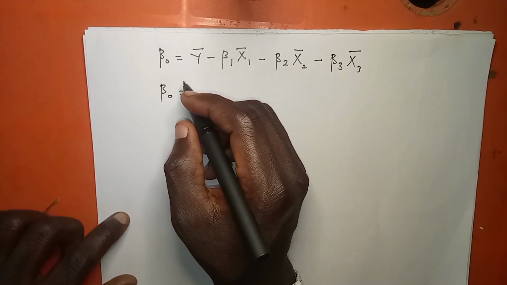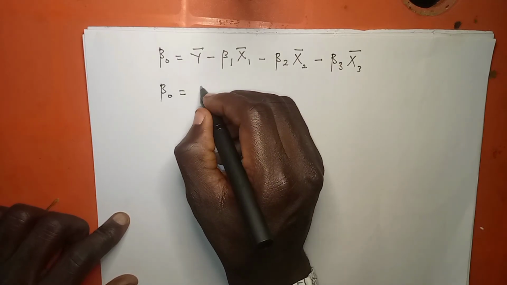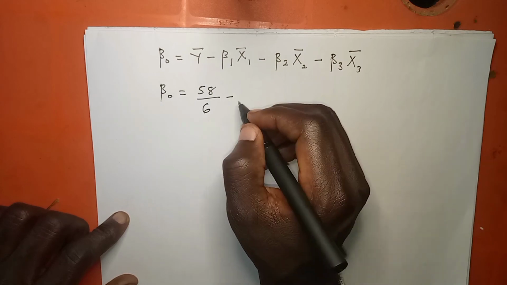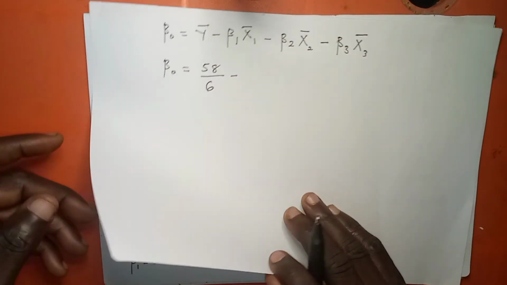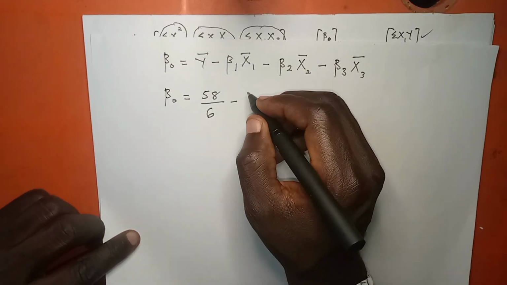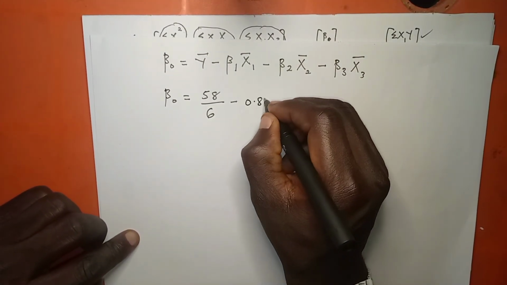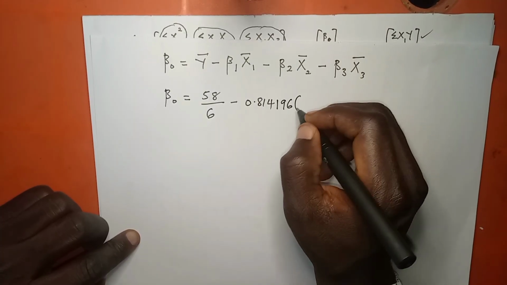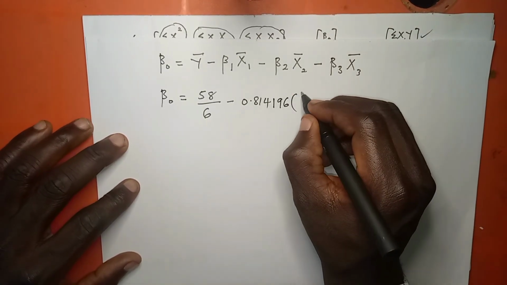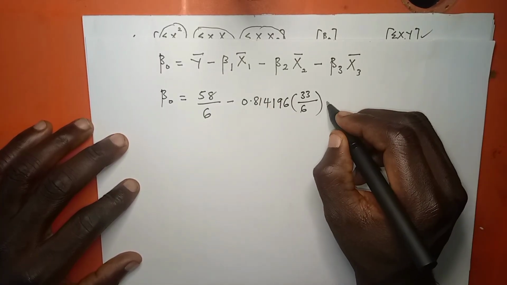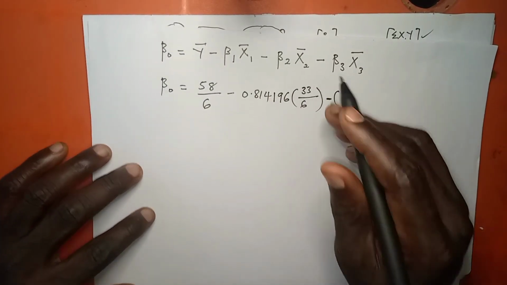So beta naught equals our y bar, which is the summation y divided by n. Remember that our summation y is 58 divided by 6, minus beta 1. Our beta 1 is 0.814196, into bracket x bar 1, which is 33 divided by 6, minus, into bracket beta 2.